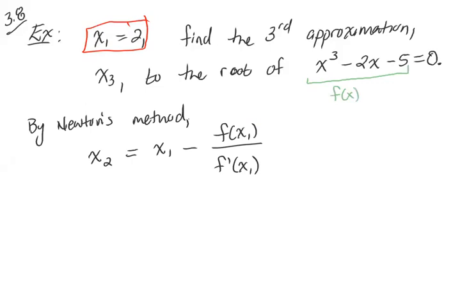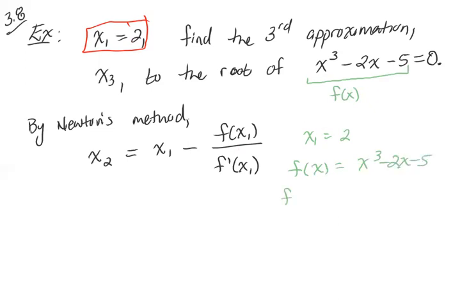I know how to find the derivative of that function and how to substitute x1 into it. So that's what I'm going to do. I can note that x1 is equal to 2. F of x is equal to x cubed minus 2x minus 5.